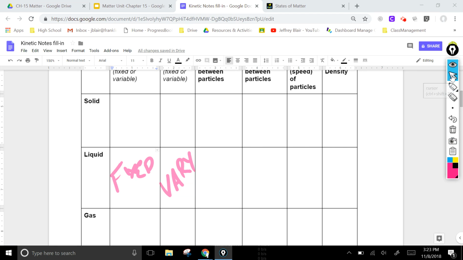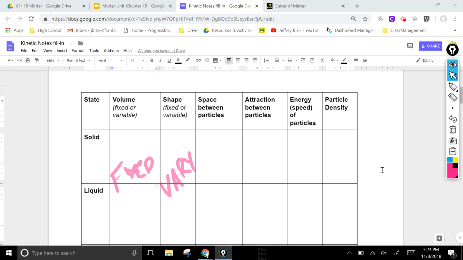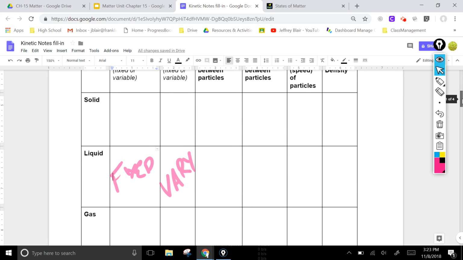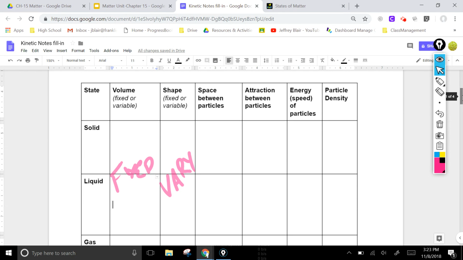The space between particles in a liquid is more than in a solid.